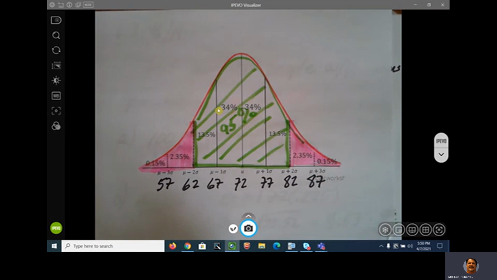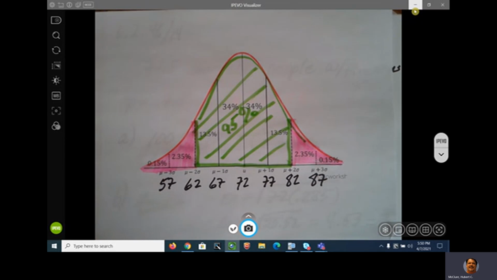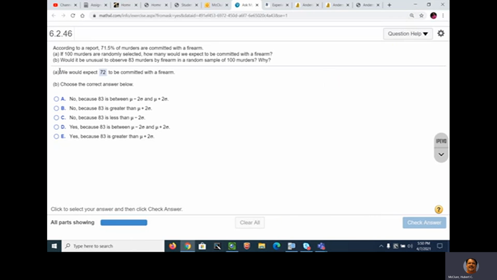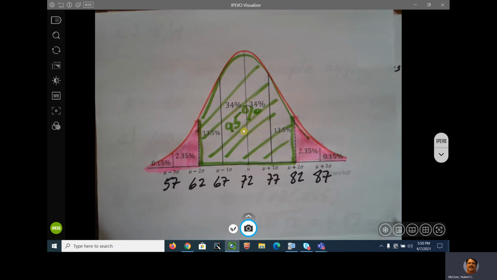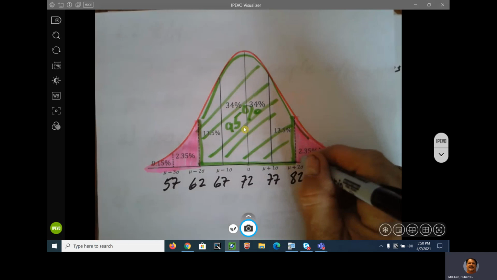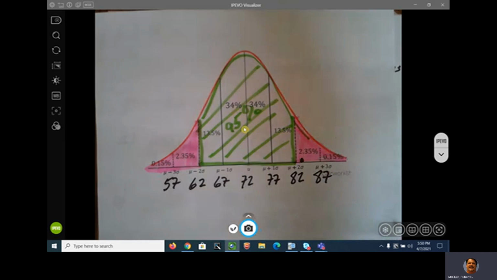What number do they want us to ask about? Let's go back to the question. They're asking about B. Would it be unusual to observe 83 murders by people with firearms? Where is 83? Let's plot 83. 83 is in the pink.